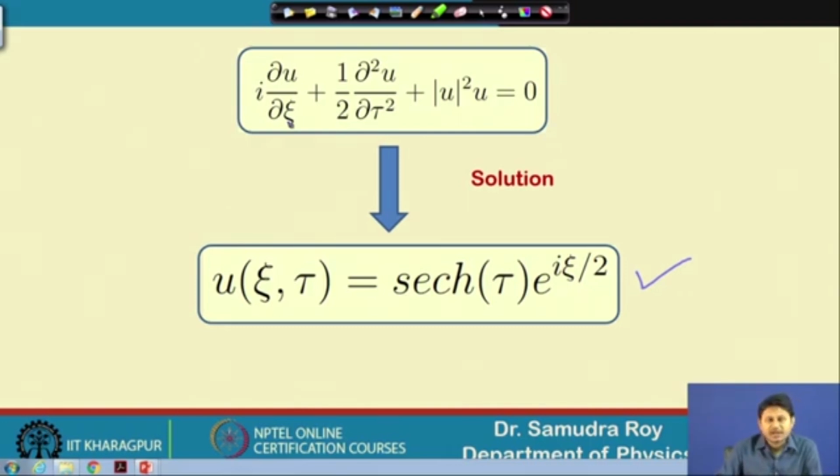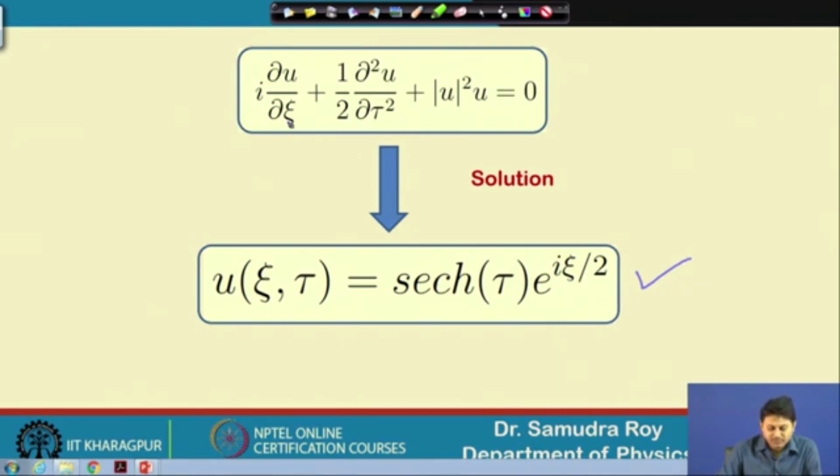This solution suggests that if I launch an optical pulse having a sech tau kind of form, it will evolve and preserve its shape.